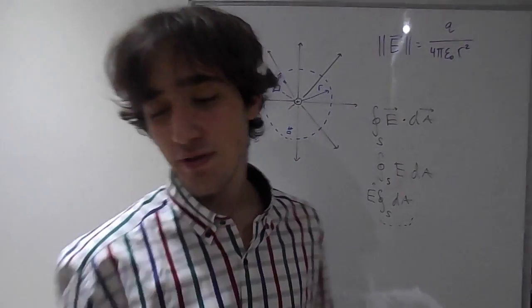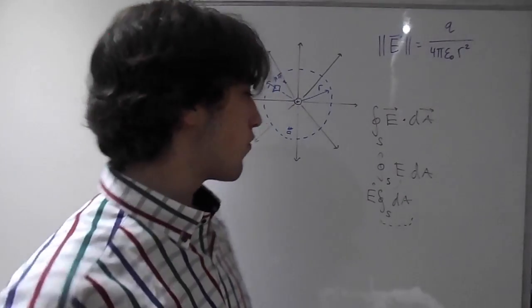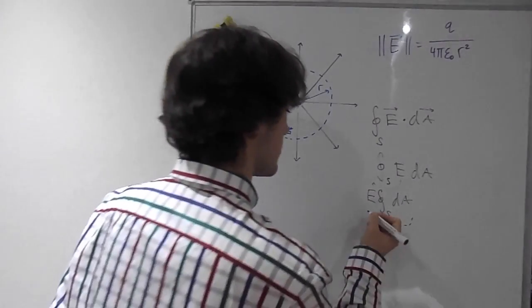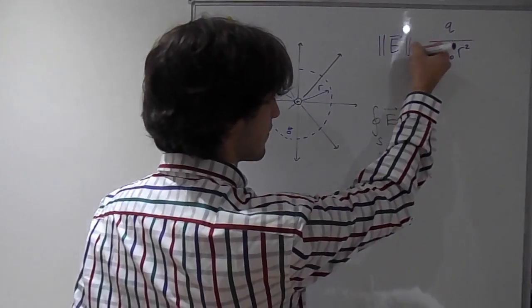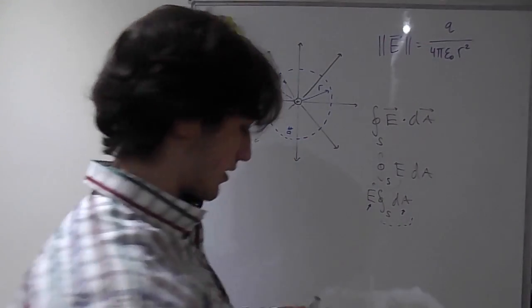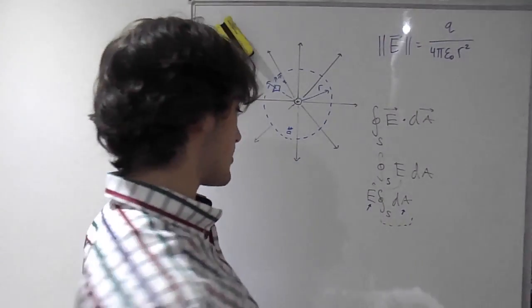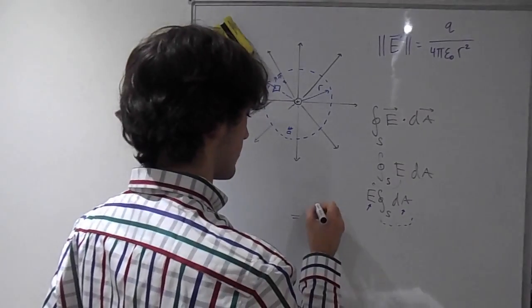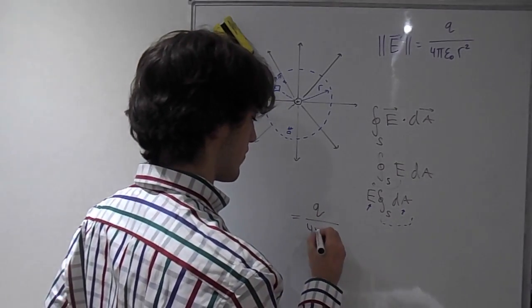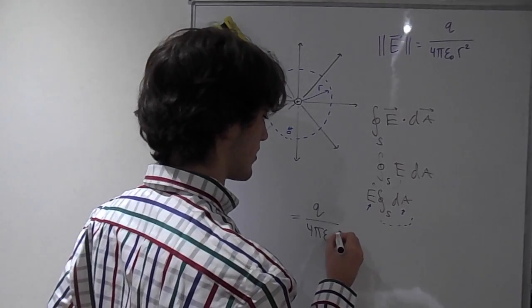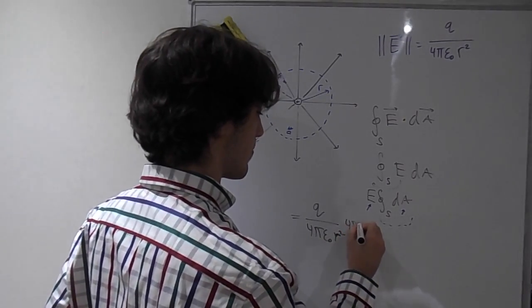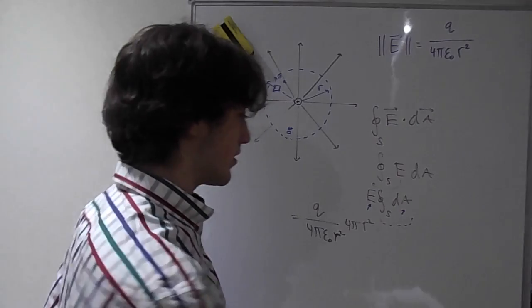Well, what is the surface area of a sphere? It's just 4 pi r squared. So I know what E is, that's given here, and I know what the surface area of the sphere is, so I'm just going to substitute. We'll see what happens. We have Q on 4 pi epsilon naught r squared times 4 pi r squared.